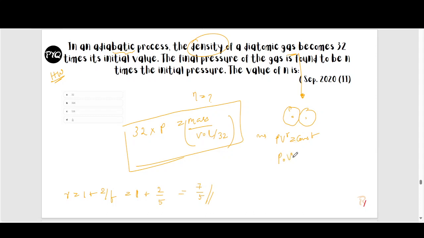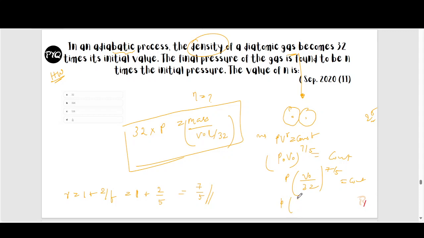P naught V naught to the power of 7 upon 5 is equal to constant. P into V naught upon 32 to the power 7 by 5 is equal to constant. 32 can be written as 2 to the power of 5.